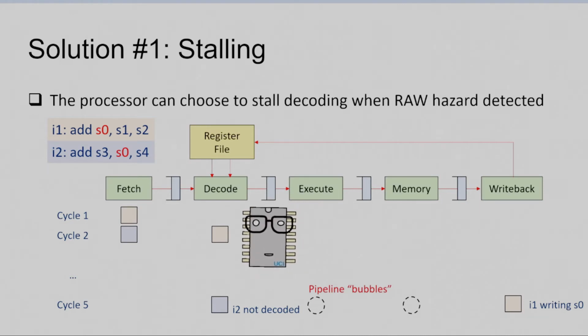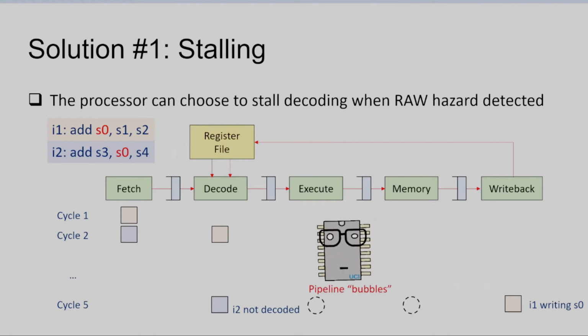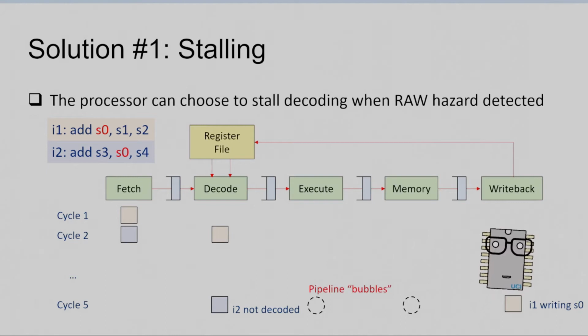Because instruction 1 keeps moving forward while instruction 2 is still stuck here, the execute and memory stages are not going to have any useful work to do during the cycles in which instruction 2 has not reached them. So if we stop the time at cycle 5 and look at what the processor pipeline is doing, the write back stage is applying the results of instruction 1 back to the register file. It's doing useful work.